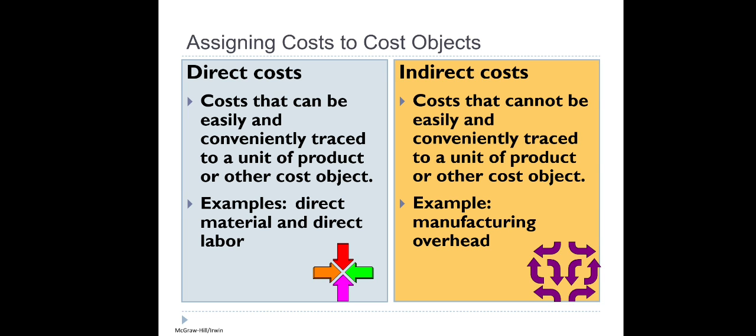If you know the total labor hours used to produce the soft drink, then you can calculate how much is the direct labor cost for a unit of product. So that is why direct labor also is a direct cost.